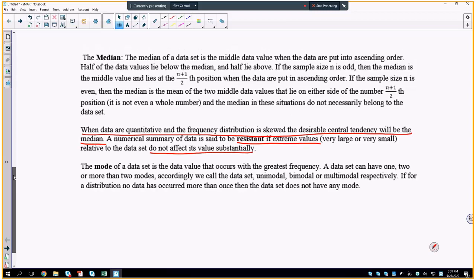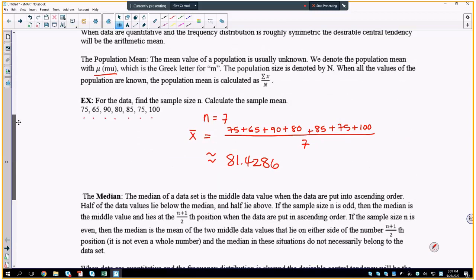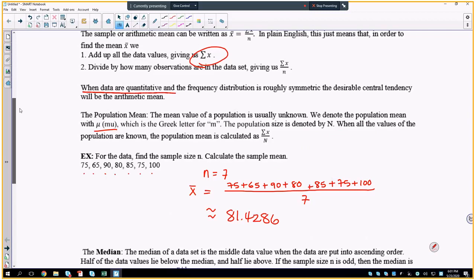Now before we said if the data is symmetric, then you want to use the mean. So a lot of times in life, you'll hear people talk about the average of this or the average of that. And what we just learned is that that is only good if we have symmetric data.